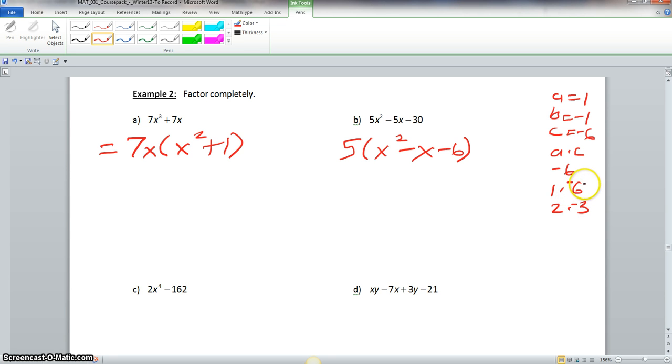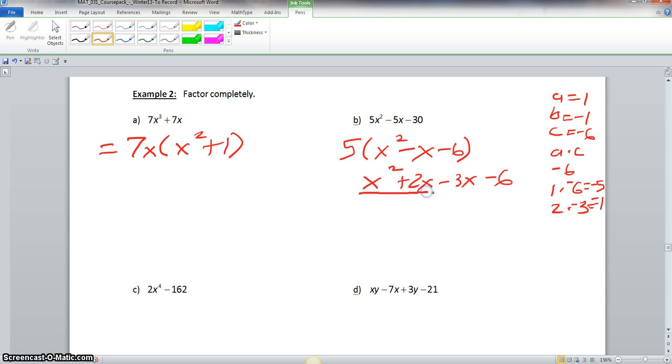Now, when we add these numbers together, this will give you negative 5, and then this one will give you negative 1. And remember, we were looking for a negative 1, so now we substitute. You have x squared plus 2x minus 3x minus 6.